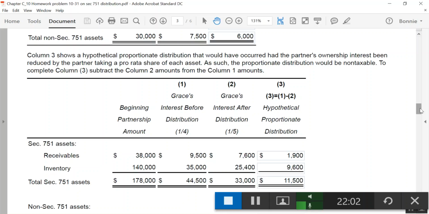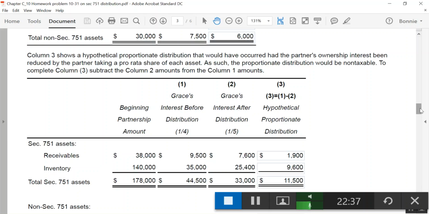You only get taxed on the distribution if it's in excess of your basis, or, as we learned the other day, if some other person gets a distribution of property that you had contributed to the partnership and had a pre-contribution gain, then you have to recognize that pre-contribution gain later when that asset is distributed to some other partner within 7 years.